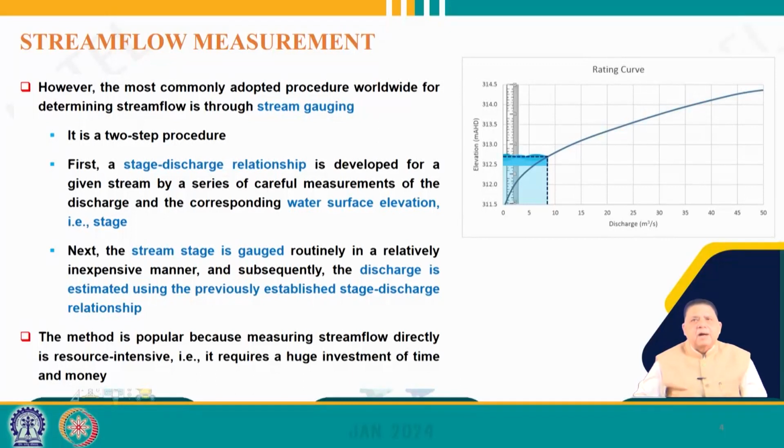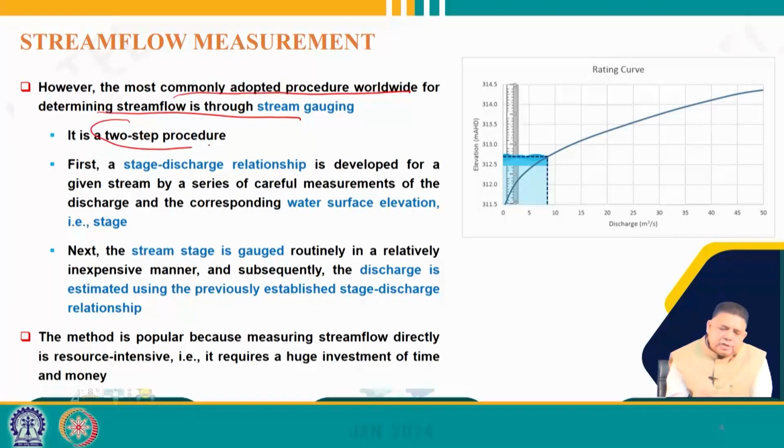Though there are multiple direct and indirect methods of streamflow measurement, the most commonly adopted procedure worldwide for determining streamflow is through stream gauging. It is a 2-step procedure. First, we develop a stage discharge relationship for a given stream by a series of careful measurements of the discharge and the corresponding water surface elevation, or stage.